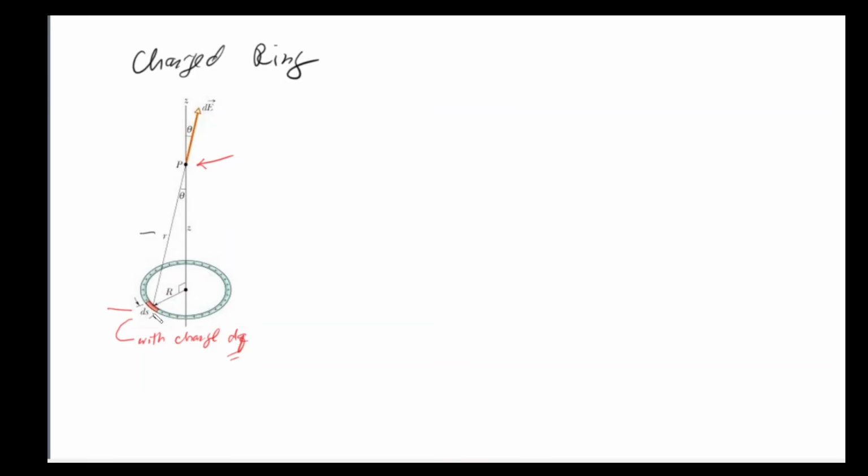And that segment produces a segment of the electric field dE shown in that direction. And in the calculations, we use the linear charge density, which again is equal to Q over S, or in this case, dQ over ds.